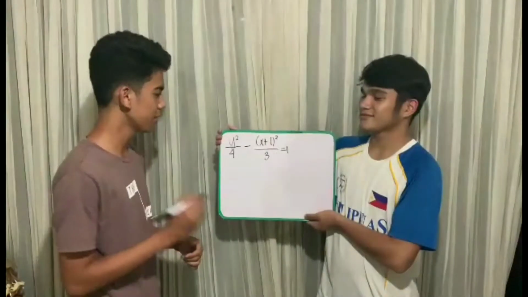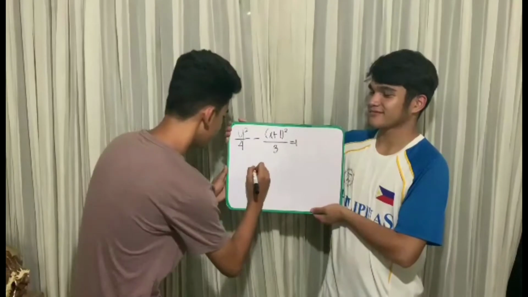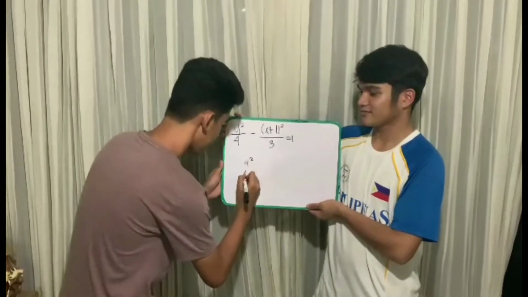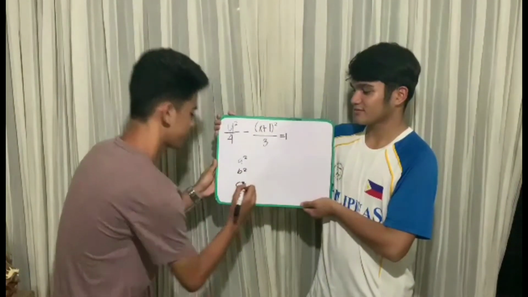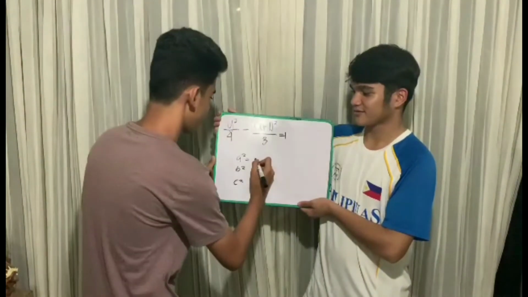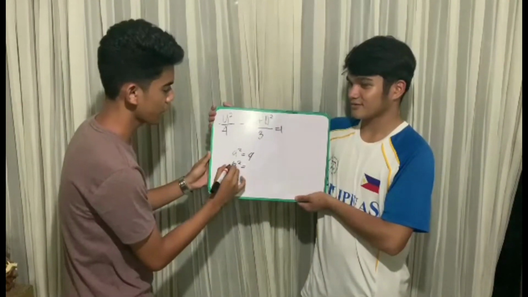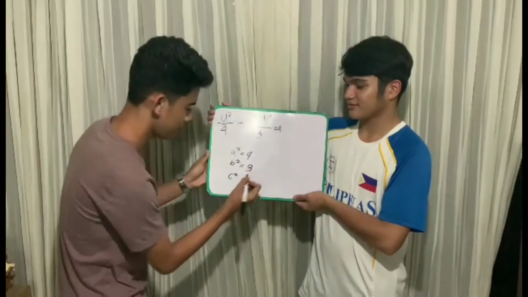Right. After finding the standard form of a hyperbola, we need to find the value of a squared, b squared, and c squared. First, just copy the denominator of the y squared. Second, the value of b squared, which is 3.